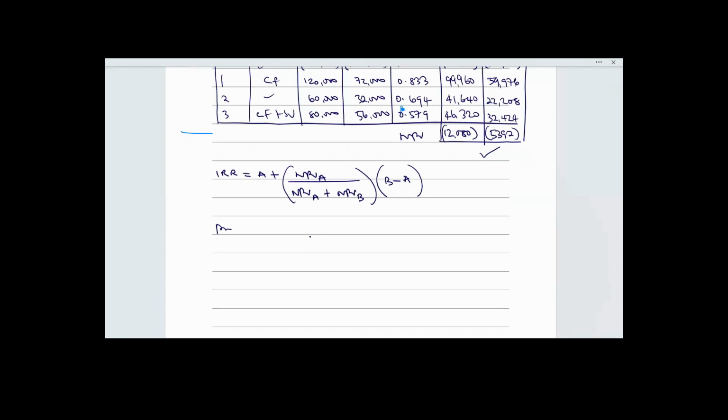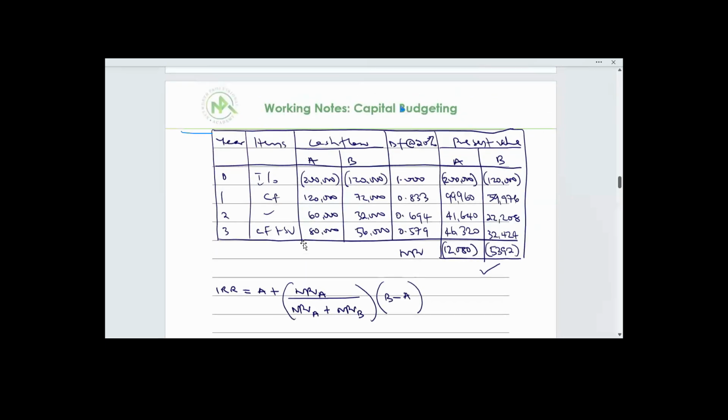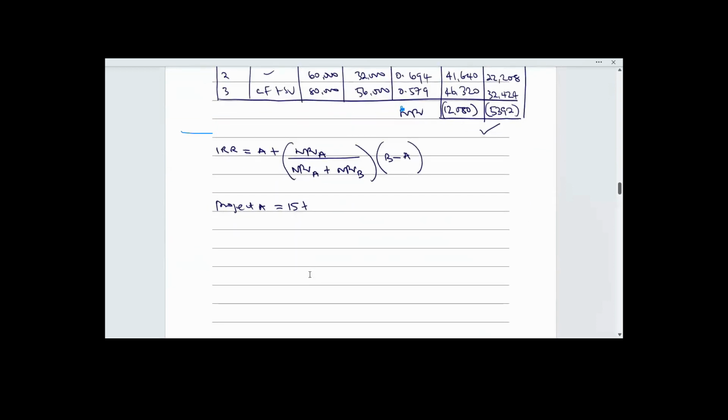So project A, IRR of project A, we assume 15% lower discount rate plus NPV of lower for project A is 2,400, 2,400 divided by 2,400 plus NPV of higher rate, which is 12,080.